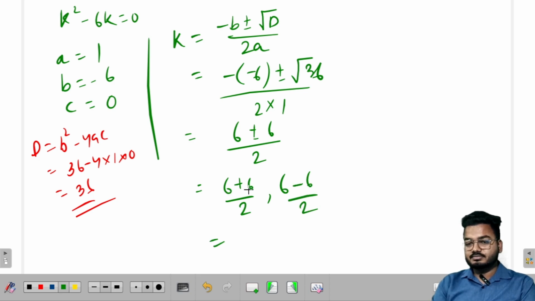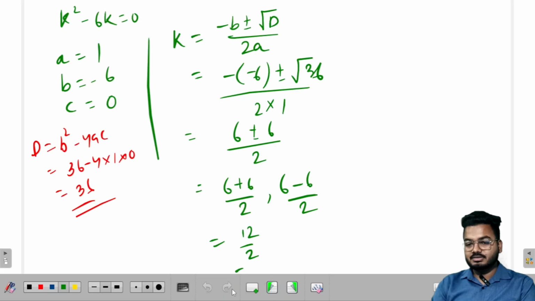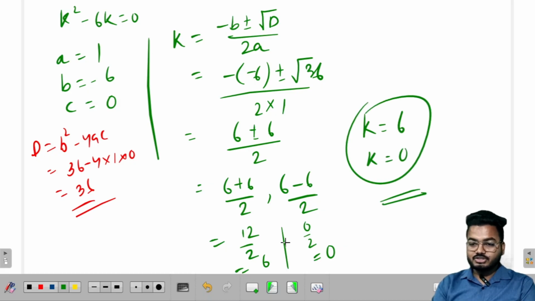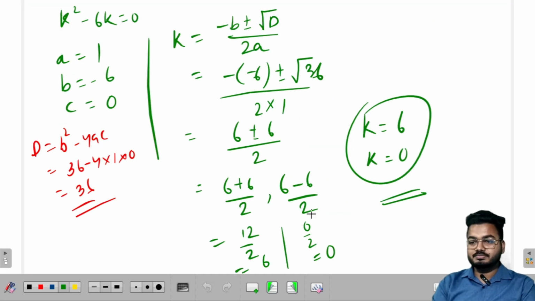So (6 plus 6) by 2 अगर करें 12 by 2, that will be 6, and in this case 0 by 2 it will be 0. So k का दो पॉसिबल वैल्यू निकल के आ रहा है, k का 6, k का 0. So these are the values of k which may replace the value here. So k का वैल्यू अगर 0 रखे हम लोग, ये क्वाड्रेटिक इक्वेशन बनेगा नहीं. So we cannot place k as 0. So I have to disqualify this value and take this value.